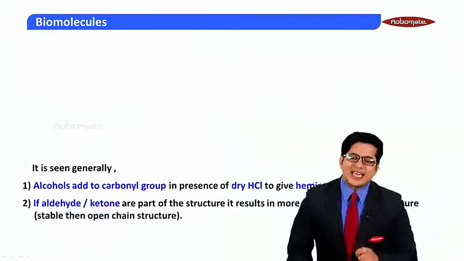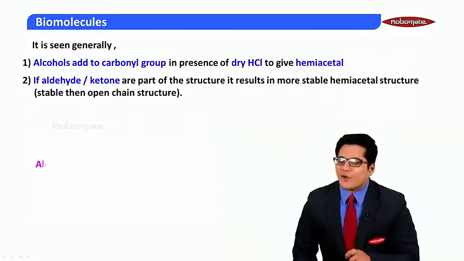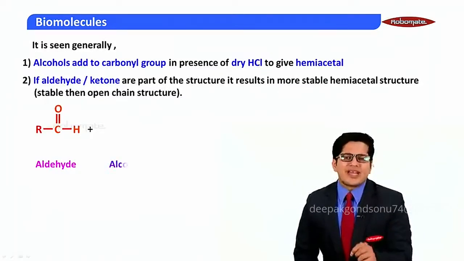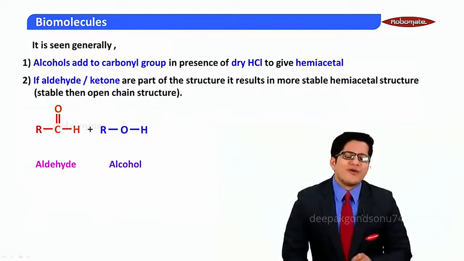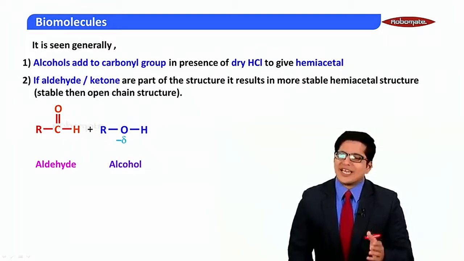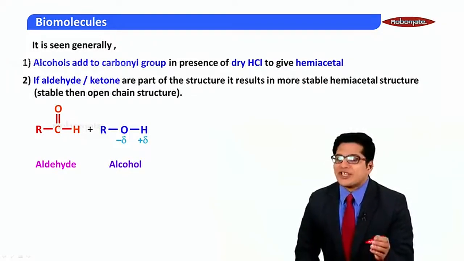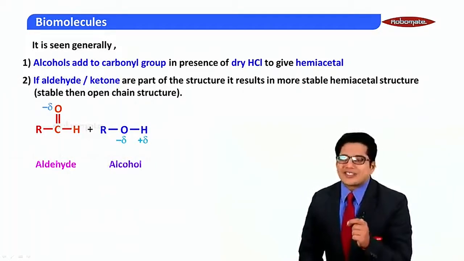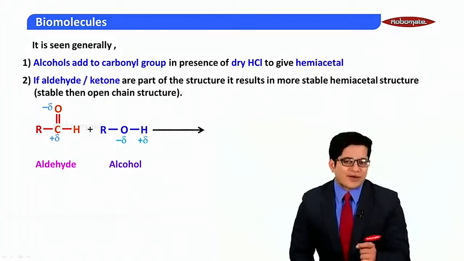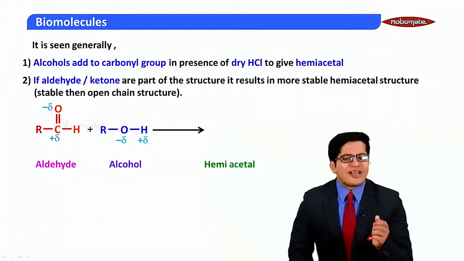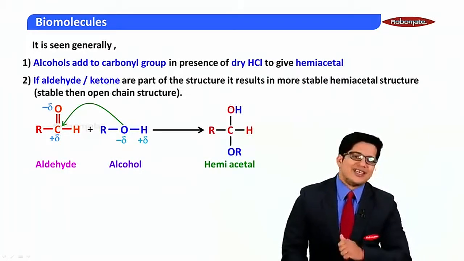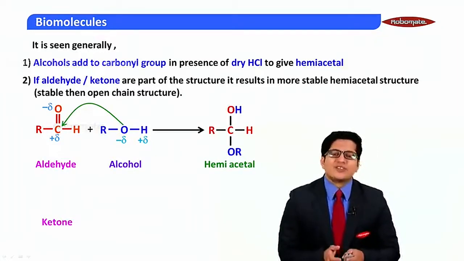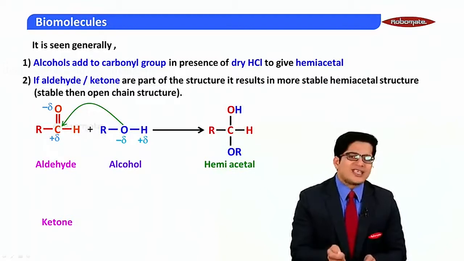So now, let's understand this same point. We had an aldehydic group to which suppose we add an alcoholic group. What happens because of this? Then the partially negative oxygen of the alcohol, along with the R, attacks the carbon atom, and because of this we get a compound called a hemiacetal. And again, if the same reaction is repeated using a ketone molecule, let's see what happens.